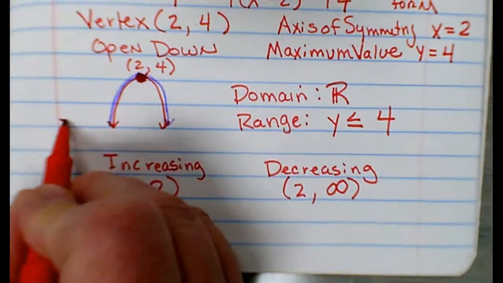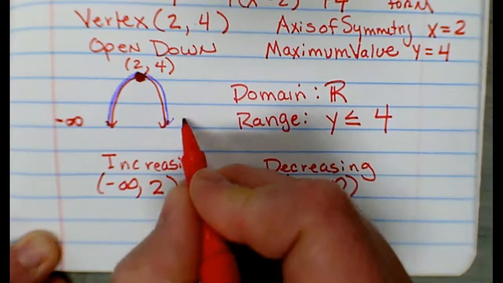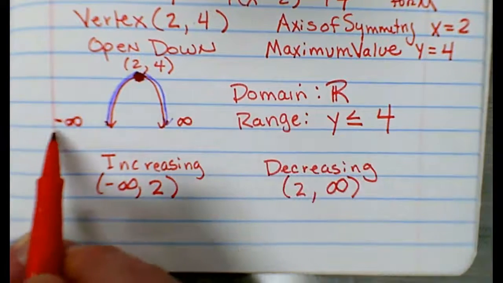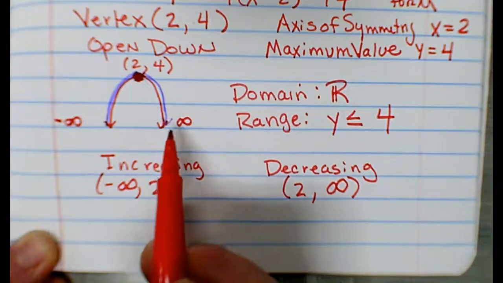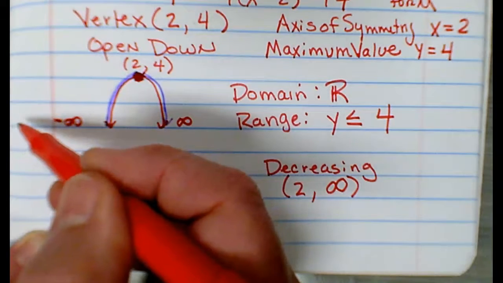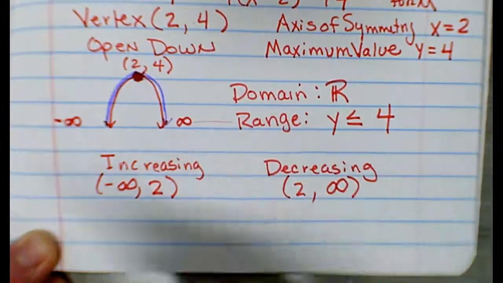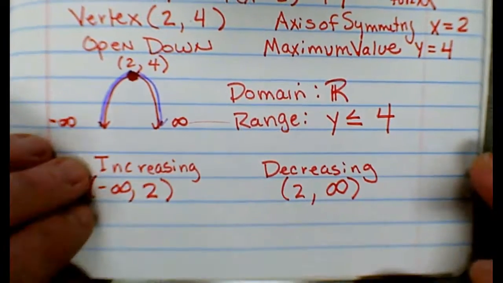On this side, this is negative infinity, and this side is positive infinity, because the x-axis as you go this way would be negative infinity, and this way would be positive infinity. It would be a little bit more obvious if we had some graph paper to put our graph on.